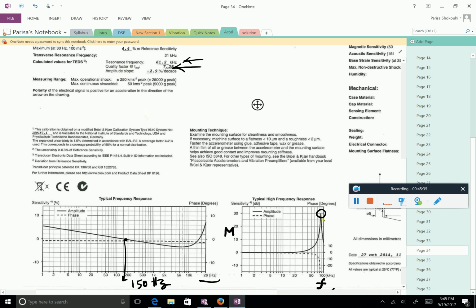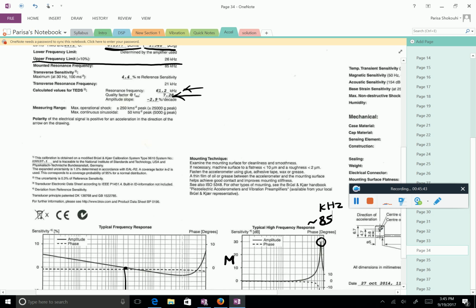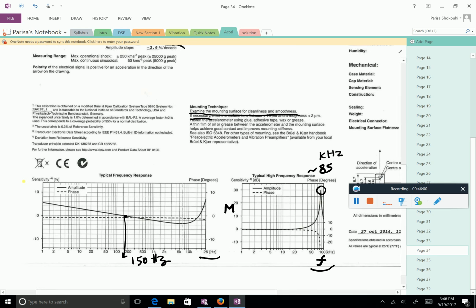I think what we see here is actually the mounted resonance frequency, about 85. It looks like that. They have a special surface where they attach it and then test it there. And since we use it when it is mounted, this is useful.